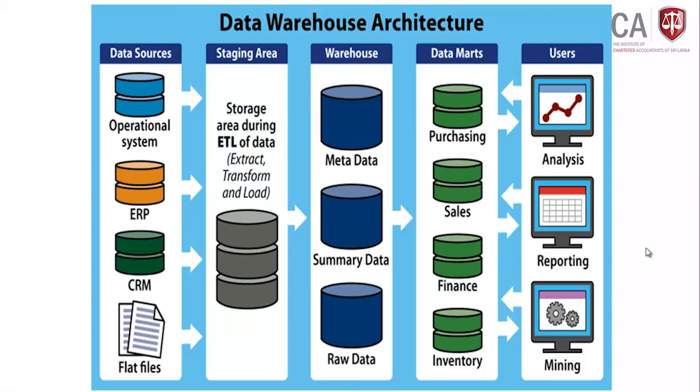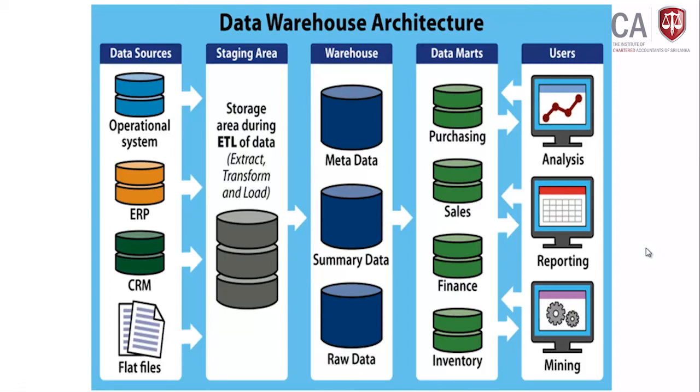And then it goes to the warehouse. After the data loading, it is located in the warehouse as metadata, summarized data and raw data. What is this raw data? This is data that has not been changed, it is new. Let us say raw materials: raw material is used to develop some products.